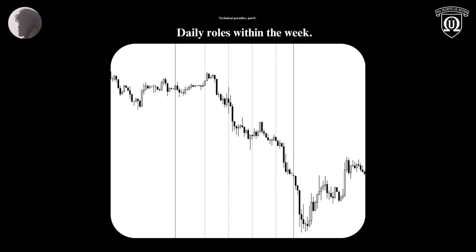So I really want you to focus mainly on Monday, Tuesday, Wednesday, and the idea, and write this down, the idea that Monday, Tuesday, Wednesday form the high or low of the week, and Thursday, Friday cap the opposing end of the range. Right, that's the idea I'm trying to put in your mind right now.